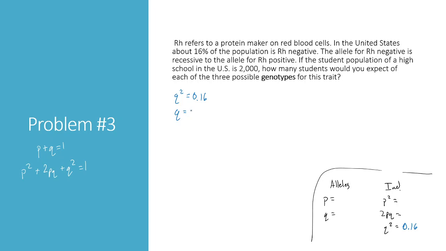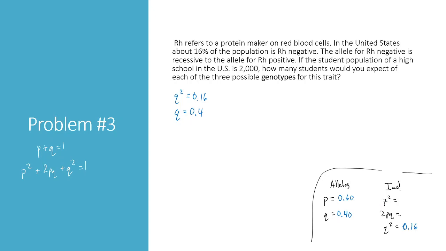So we find that q is going to be equal to 0.4, 40%. So 40% of the alleles in the gene pool are going to be those recessive alleles. All of the rest of the alleles, so adding up to 100%, must be those dominant alleles.